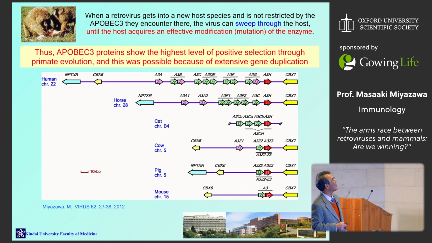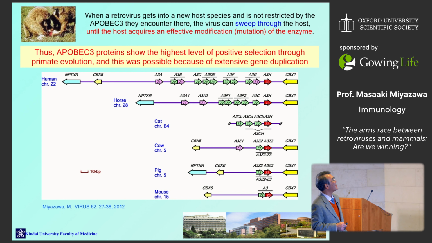For example, there are retroviruses called xenotropic viruses that are produced from monkeys but infect rats or cats. Or xenotropic viruses can be produced from mice or rats and infect humans. So we are always facing the infection with retroviruses that are coming from different species.